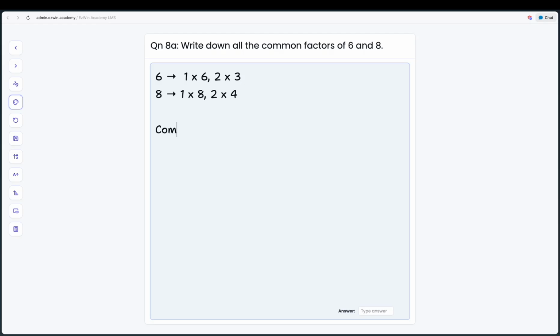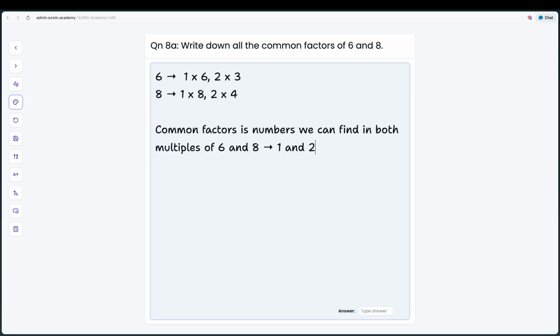So common factors are numbers we can find in both the factors of 6 and 8, which in this case are 1 and 2. So 1, 2. Okay, let's move on to the next question.